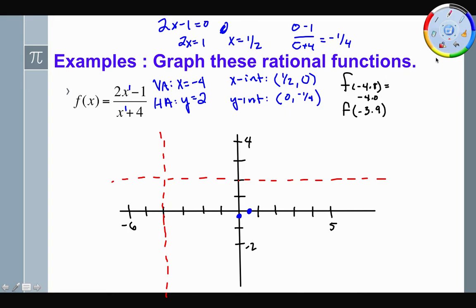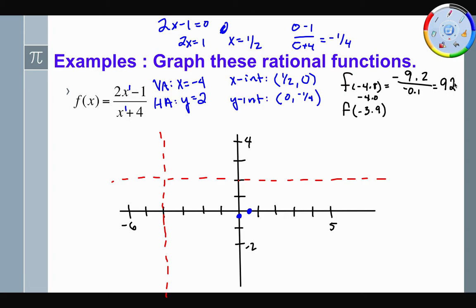So if I plug in -4.1, I get, let's see here, 4.1 times 2, -8.2 minus 1 is -9.2, over negative 0.1. And we notice that that gets an answer of 92.